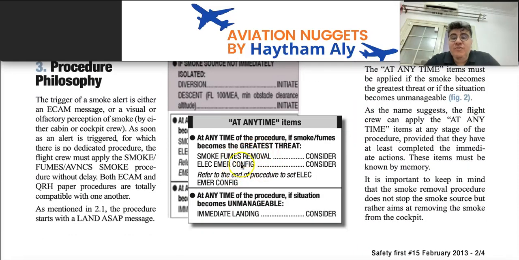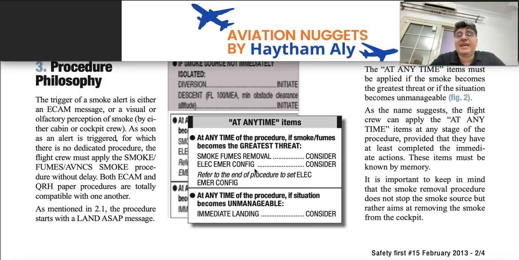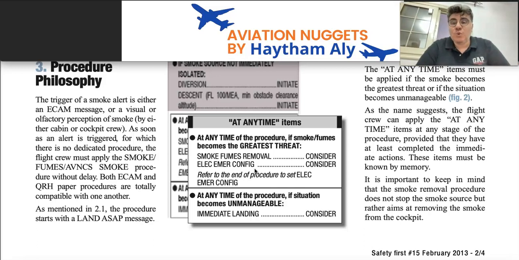Everybody, we take the aircraft into an electrical shedding situation, okay? This is at any time procedure, and if the situation becomes worse, we take the aircraft into an electrical emergency configuration.